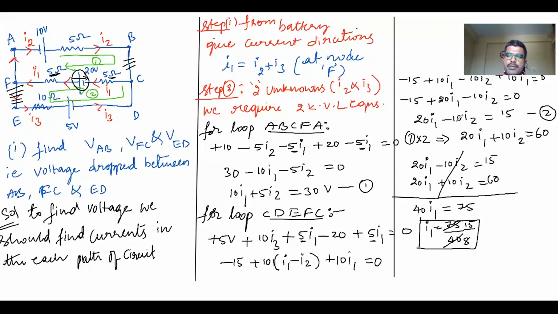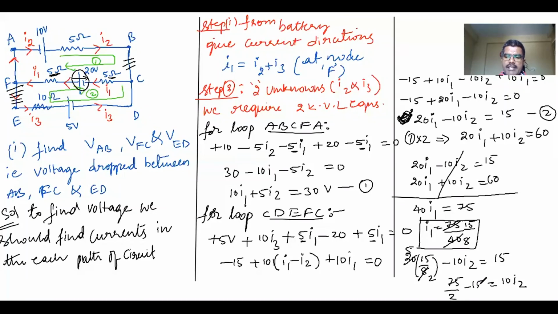Take this I1 and substitute in equation 2, 20I1 minus 10I2 is equal to 15. 20 into 15 by 8: 4 2s 8, 4 5s 20, 15 5s 75. So 75 by 2 minus 15 is equal to 10I2.